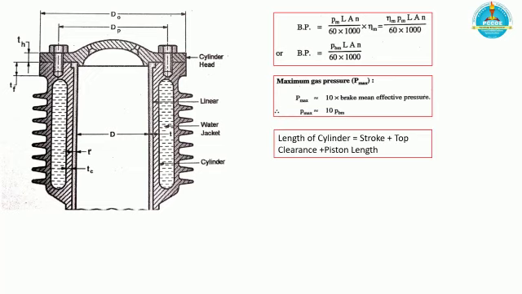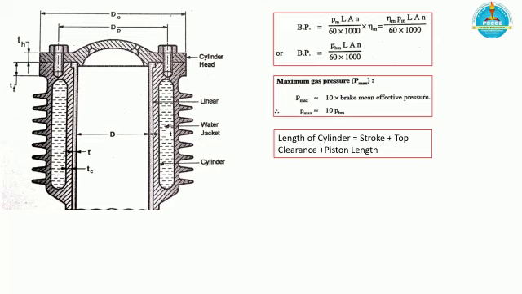From the previous brake power formula, usually in a problem brake power will be given data, and you need to calculate the value of the length of the stroke and the bore diameter. From the formula of brake power you can see that I can represent L by D ratio.